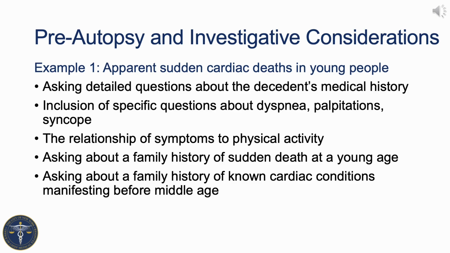But more than that, it really needs to include specific questions such as if the decedent experienced dyspnea, palpitations, or episodes of syncope, understanding the specific relationship between any symptoms the decedent had and their physical activity, asking about a family history of sudden death at a young age, and a family history of known cardiac conditions that manifested before middle age.